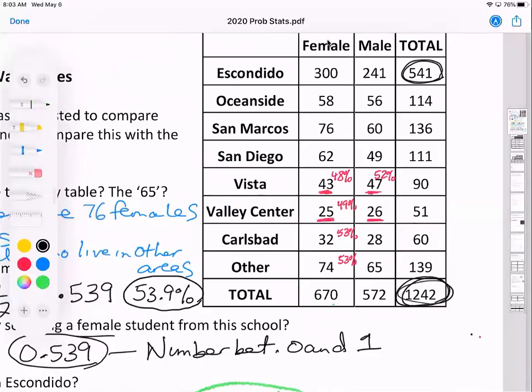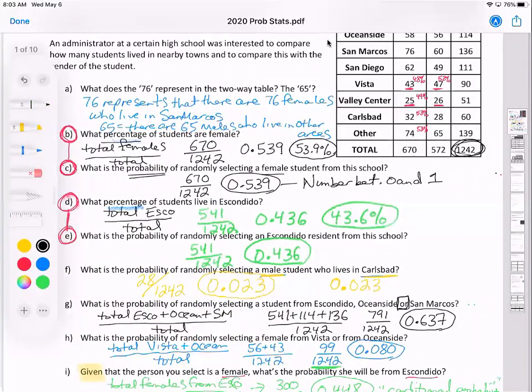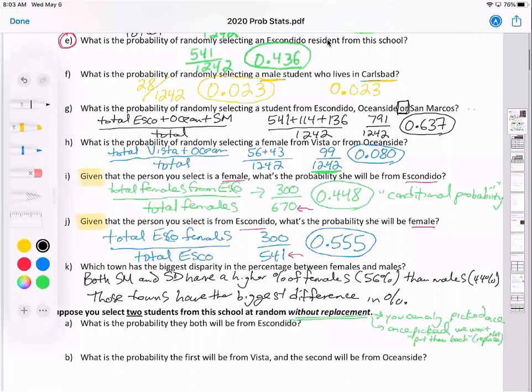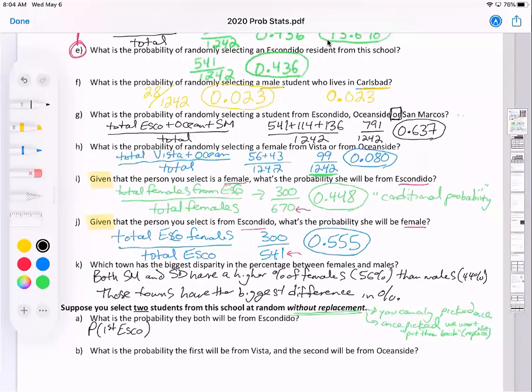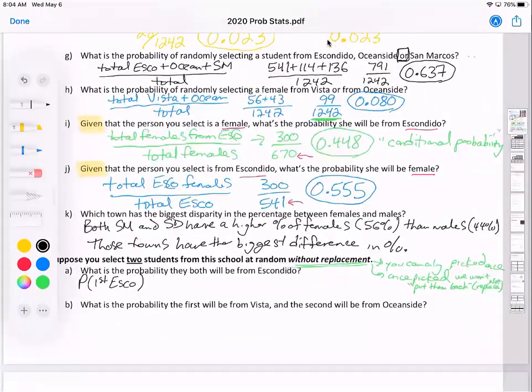So first, we'll figure out the probability that one of them is from Escondido. So we need the probability the first is from Escondido. This P that I've used there with parentheses is notation for the probability of the certain event that you're looking for. So the probability the first is from Escondido is 541 out of 1242.